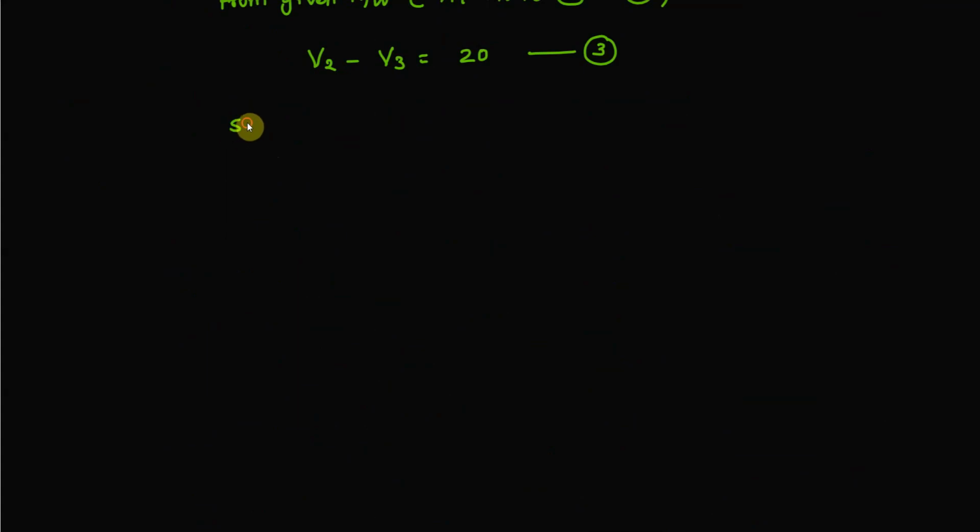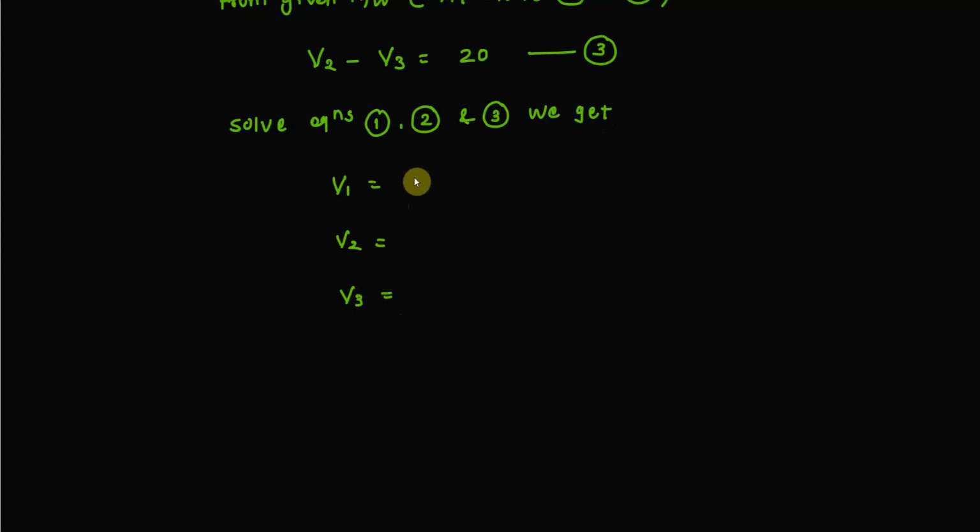So the next step is to solve equations 1, 2 and 3. As soon as we solve equations 1, 2 and 3, you will get the values of V1, V2 and V3. If you use a calculator, you will get the answer.